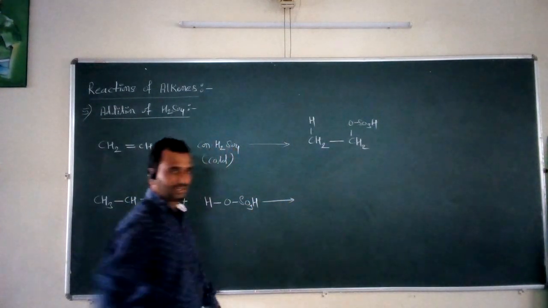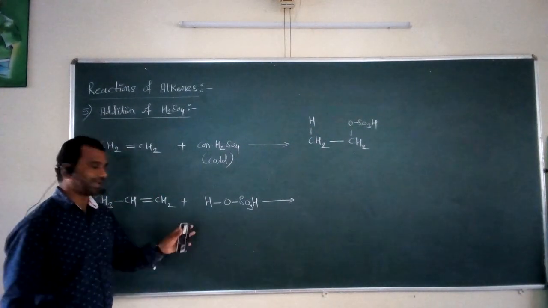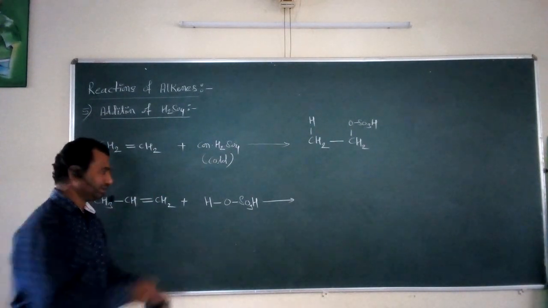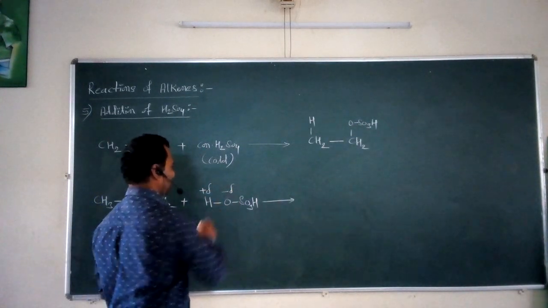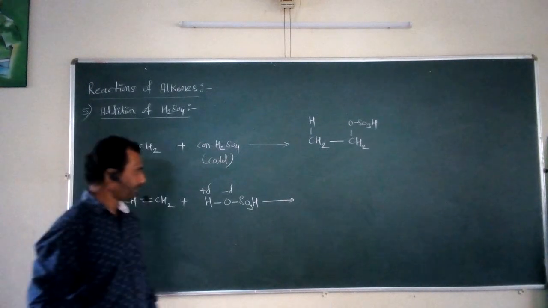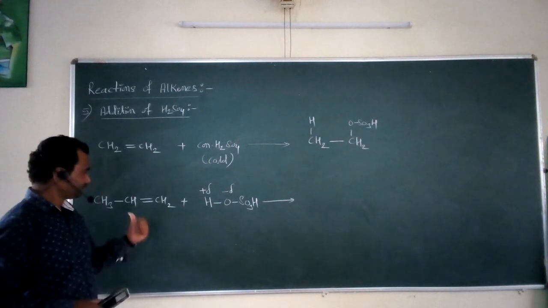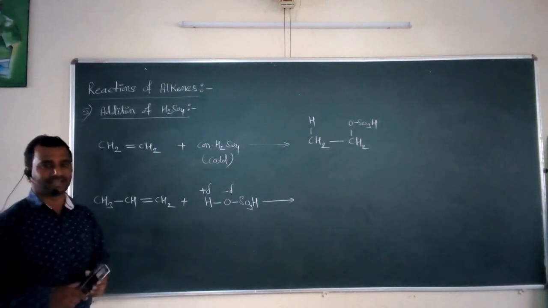Now again we have to write the product of this particular reaction. Again this is an addition reaction of sulfuric acid. Again I take the partial positive charge on hydrogen and the partial negative charge on oxygen. So what will you get? In this case the addition reaction takes place.